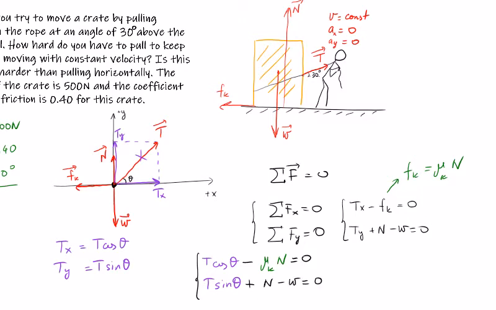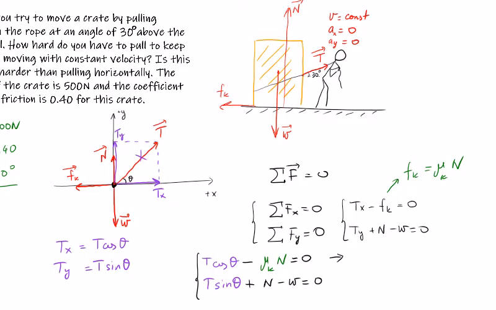So we have two equations that happen simultaneously, but two unknowns. We can solve the equations. We can find the normal force from one equation and plug it into the second equation. So let's find it from the first equation.